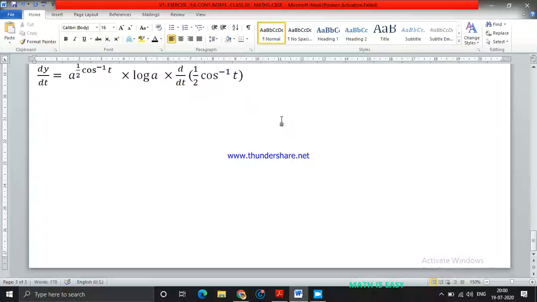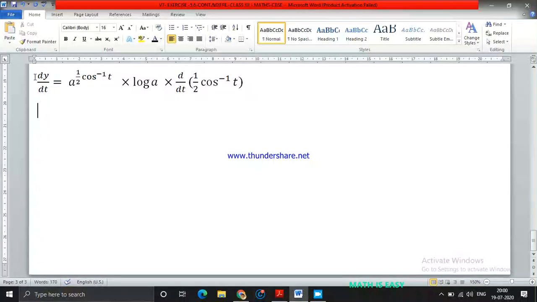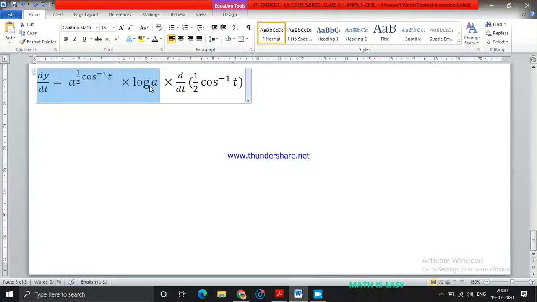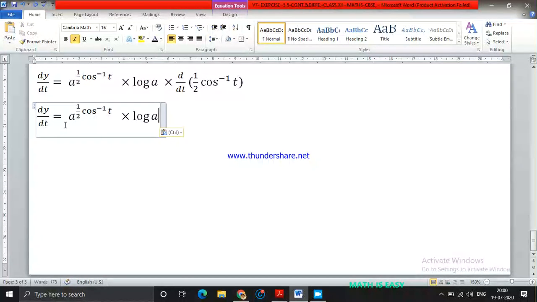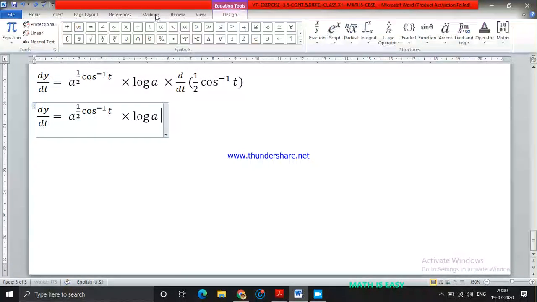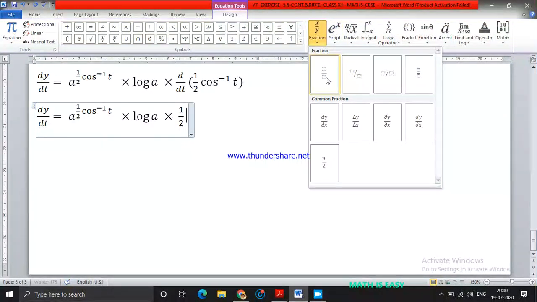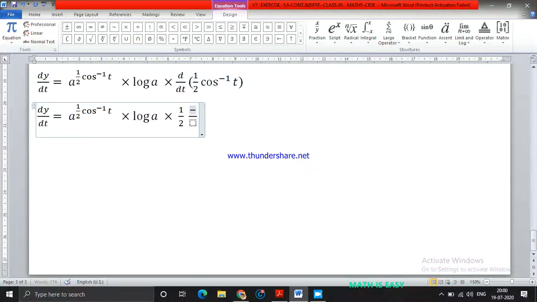Up to this step it will come same as it is, no change. Multiplied by, derivative of 1 by 2 will come as constant, and derivative of cos inverse t is minus 1 upon under root 1 minus t square. This is the under root term, so it will come 1 minus t square.